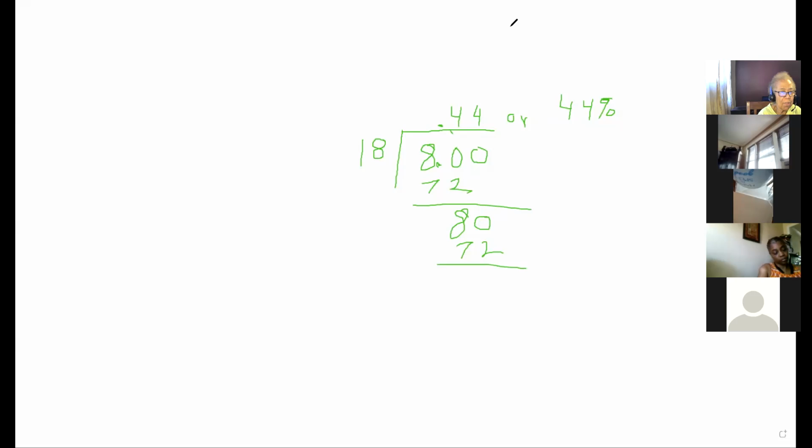That's 317, divided by 4. So we had the 4, the divisor. Okay, so we put a decimal.